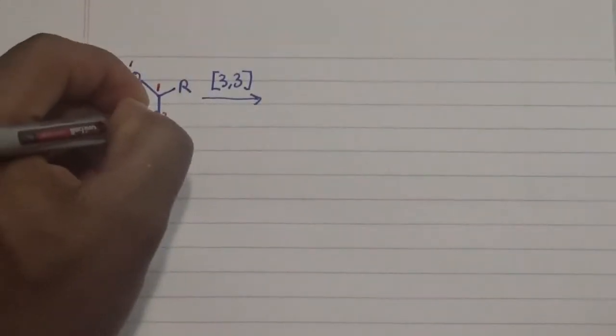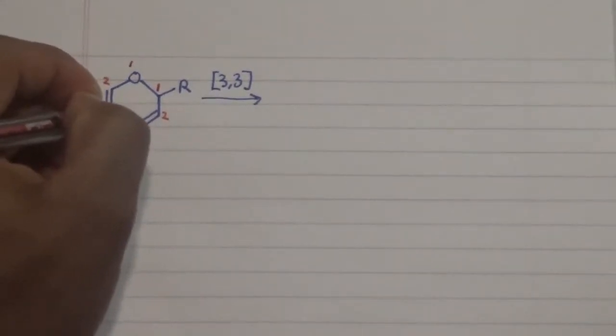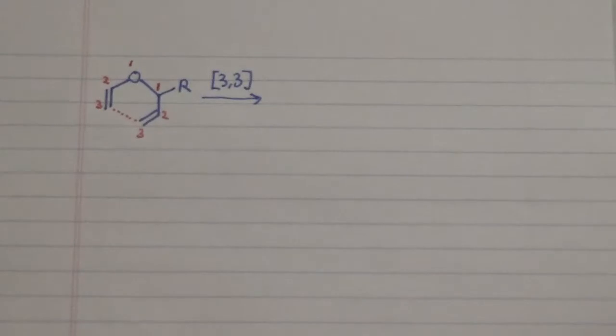Now, if we go by a 3x3 sigmatropic process, we note our numbering system where this is our 1 and 1, here is now our 2, 2, and here is our 3, 3. Now this is where our new sigma bond will be formed.